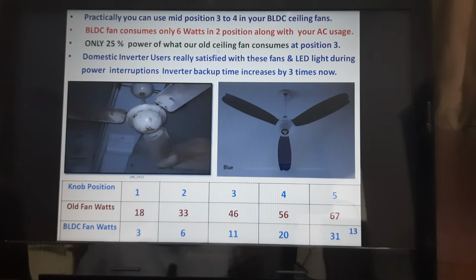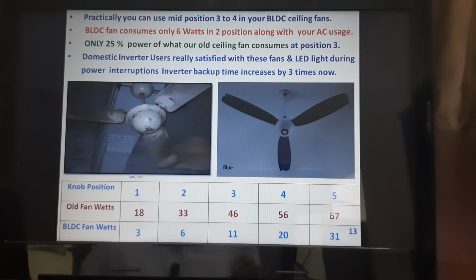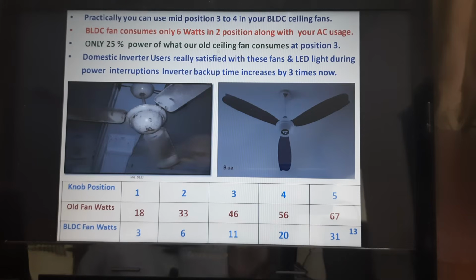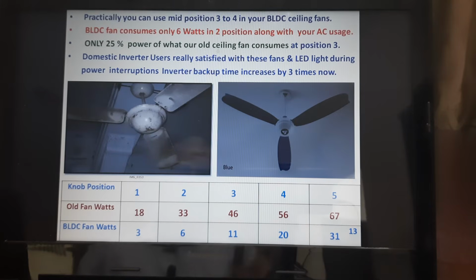And all this temperature setting, this intelligent air conditioner control, the run hours, everything is possible along with the retrofit of a BLDC fan. The BLDC fan, especially at 2 speed or 1 speed, consumes only 6 watts, but it gives a mild air breeze on the user near the center of the room.